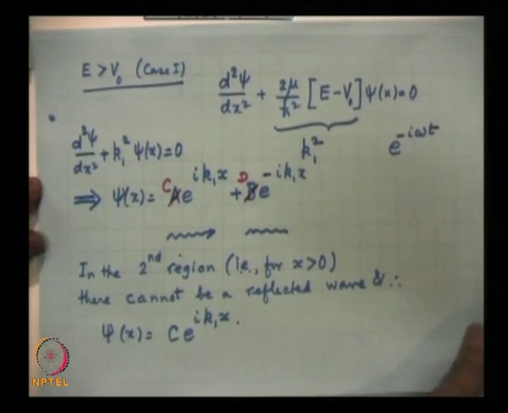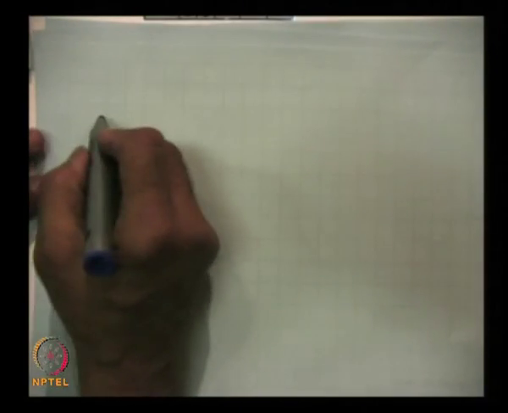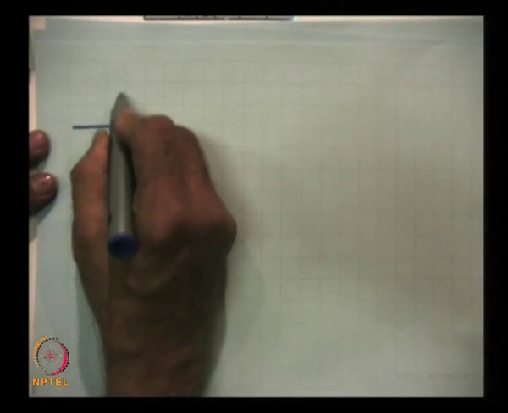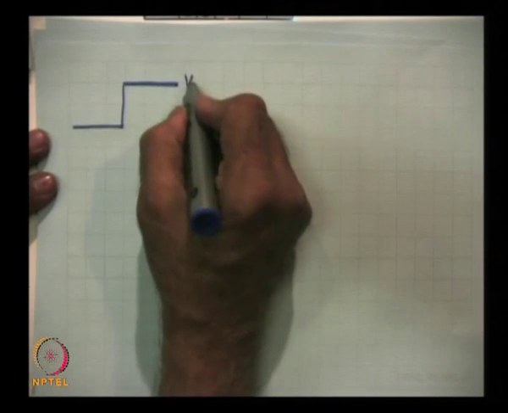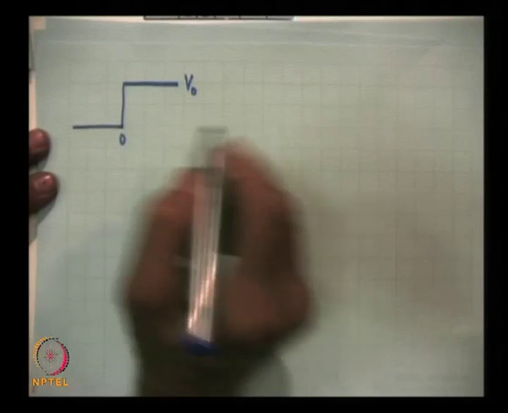So, let me write down the solutions in the two parts. I have this barrier, this is V 0, this is x equal to 0.